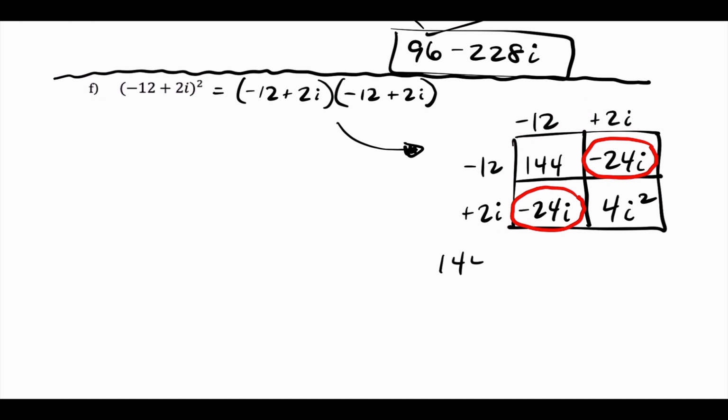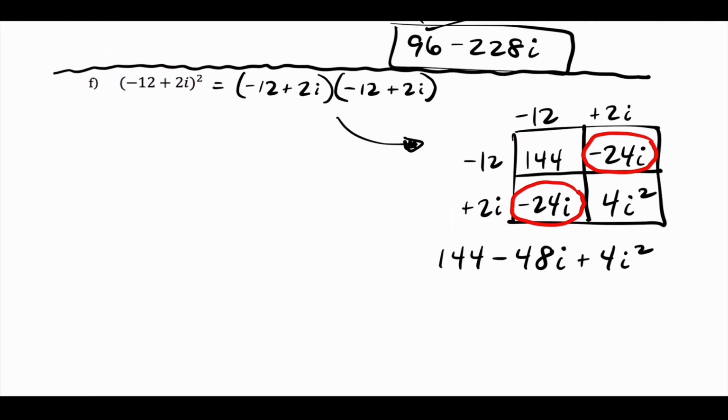So I get 144 minus 48i plus 4i squared. I squared, change that to negative 1.